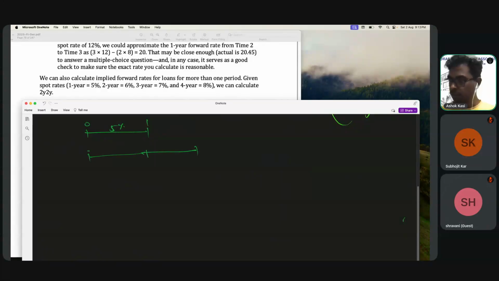Then 2 year spot rate is 6 percent. Then 3 year spot rate 7 percent. And then 4 year spot rate 8 percent.